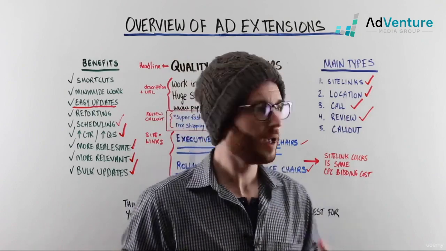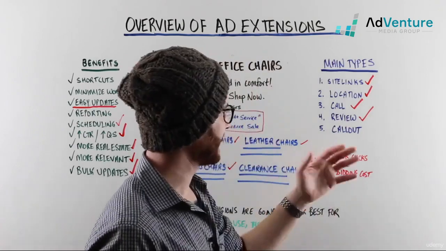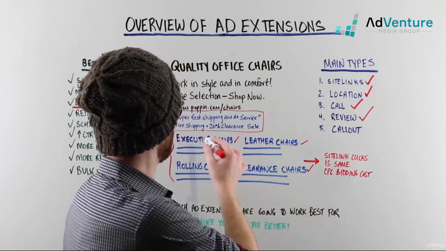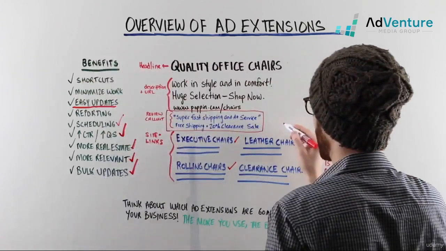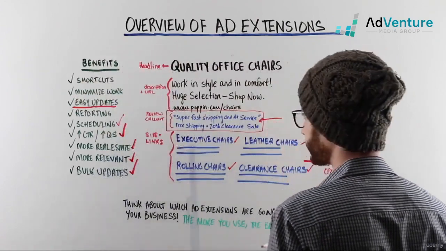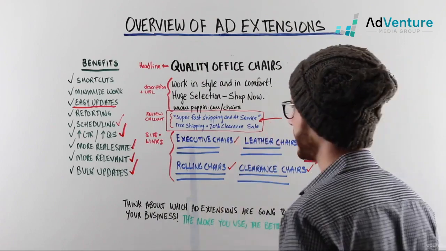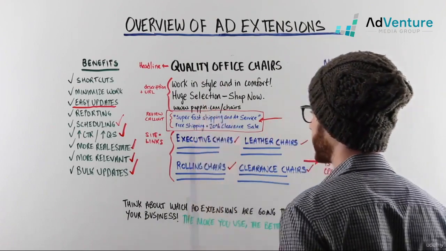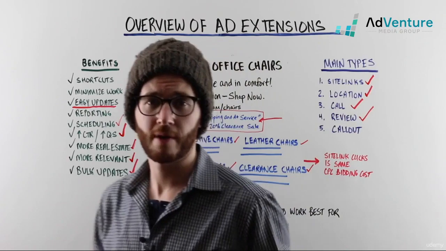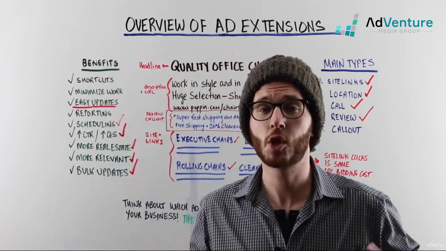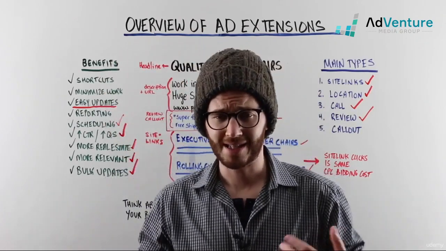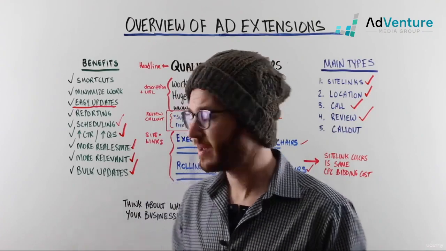Google's going to verify that. And there's a bunch of different guidelines that you have to adhere to, but as you see over here, you could actually import your reviews, and Google will show some of your reviews beneath the text of your ad. So review extensions are another very good thing to increase customer loyalty. It shows that you're a business that has an establishment, that has a following, and that's a very, very good thing.